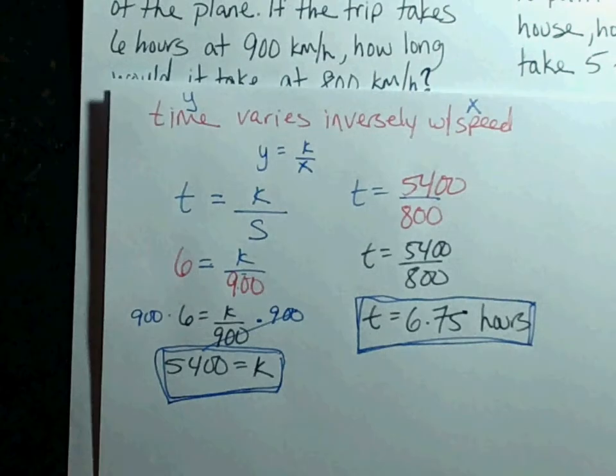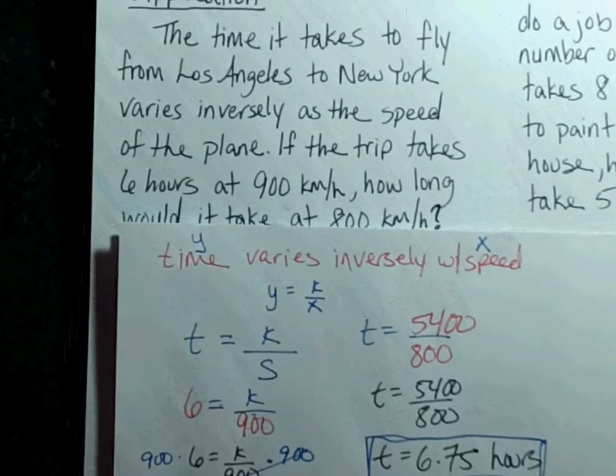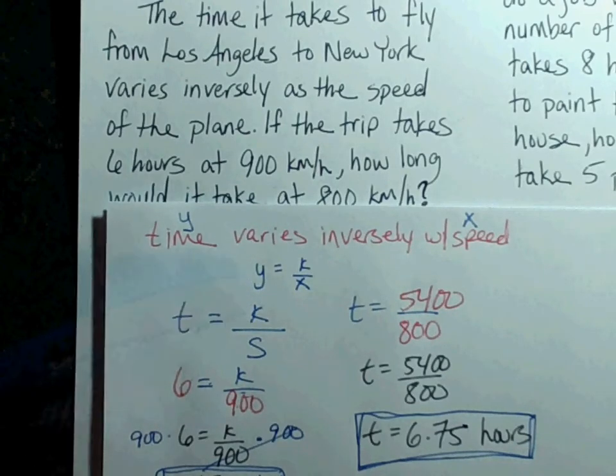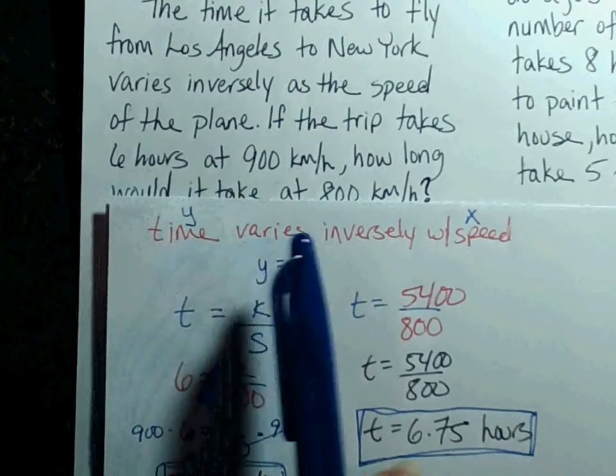You really just have to make sure that you understand what it's talking about. Is it talking about inversely or directly? It'll always say one or the other. Write the formula down of whatever it's talking about. Then figure out, okay, what varies with what?